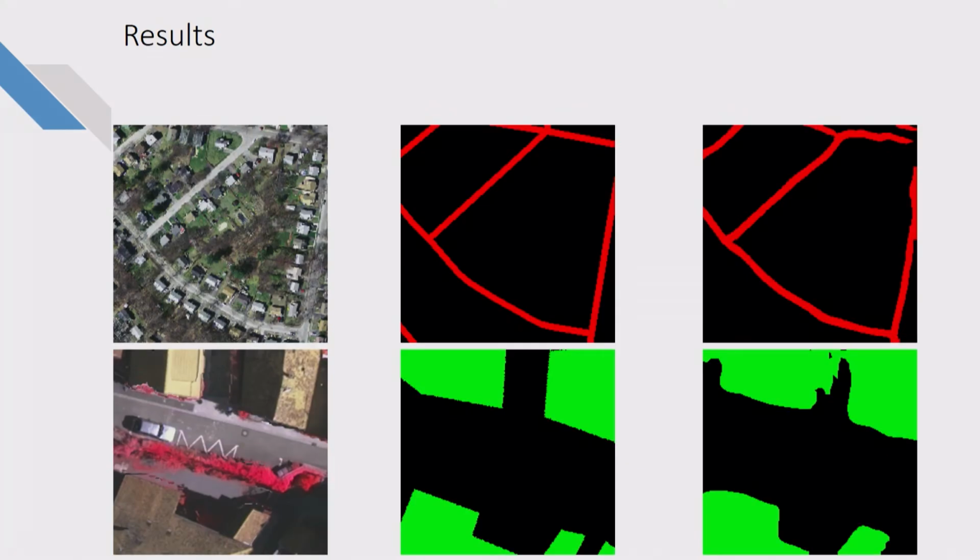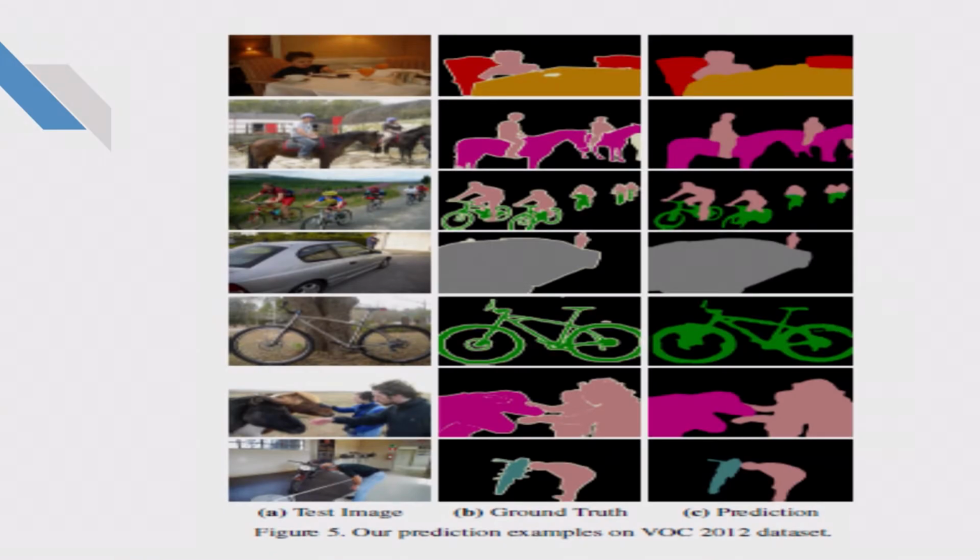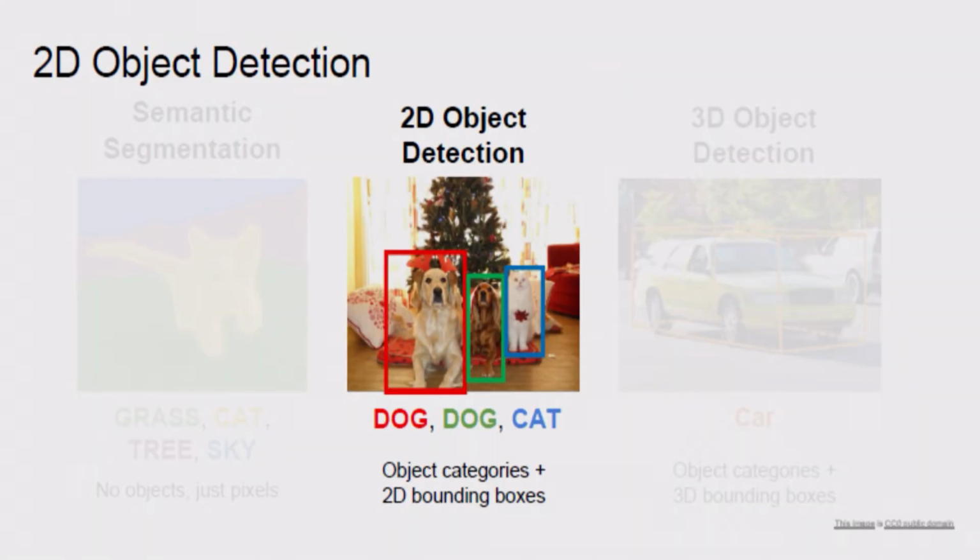This is useful for self-driving car development and so on. This can also be applied in different fields. This is one application where it's shown to segment roads and buildings. This is on some other natural scenes. This is a brief overview of the segmentation methods.